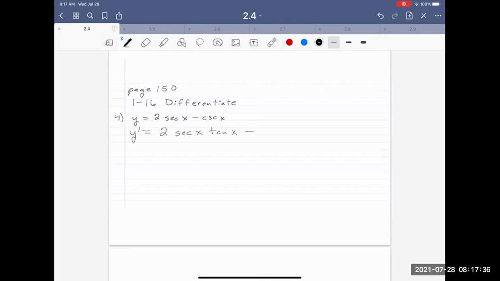Minus the derivative of cosecant x. The derivative of cosecant x is a minus, so that minus here becomes plus cosecant x cotangent x. And you're done. Any questions about that?